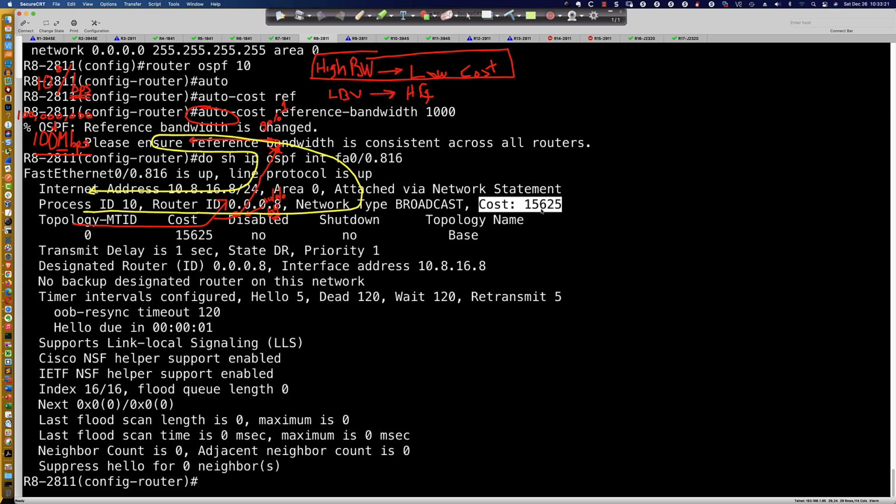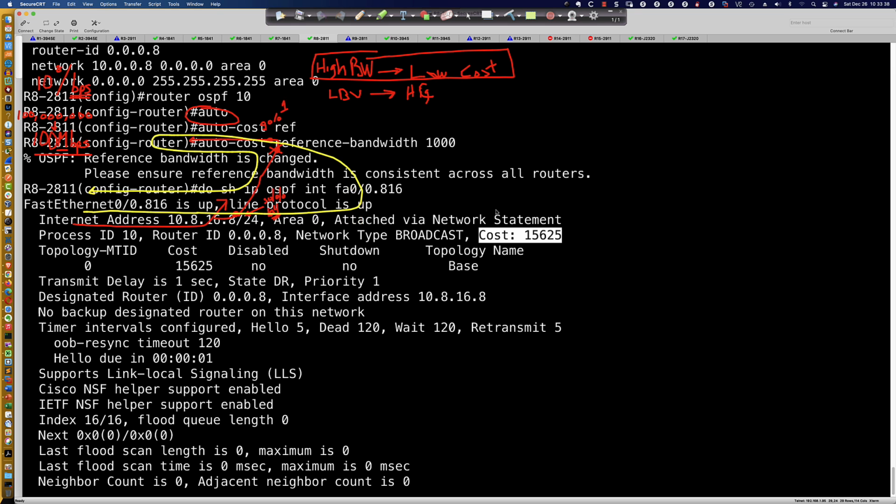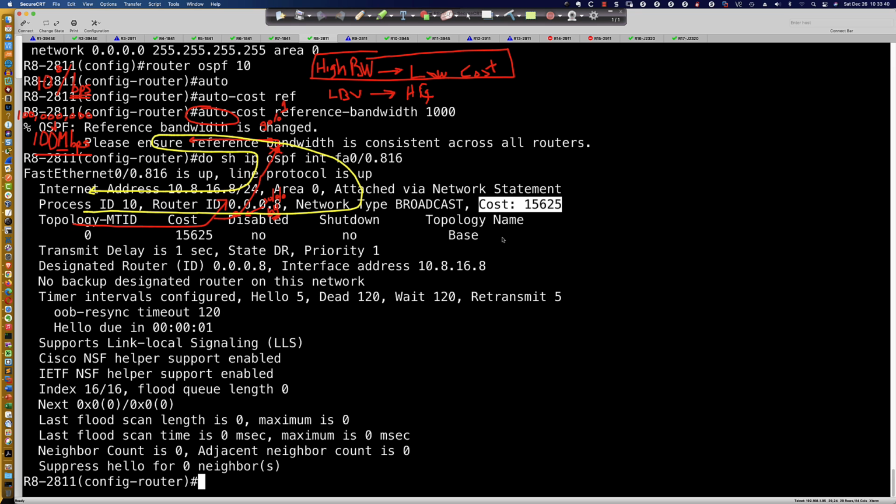Now we're dividing 1 billion bits per second by the bits per second on the interface. Instead of dividing by 100 million, we're dividing by 1 billion. And so this router and its outgoing interface costs to reach other networks has now changed.